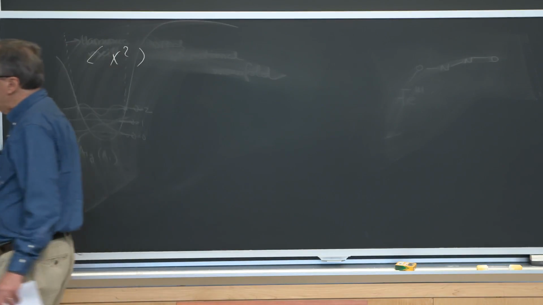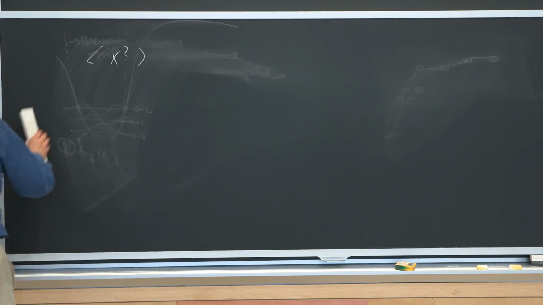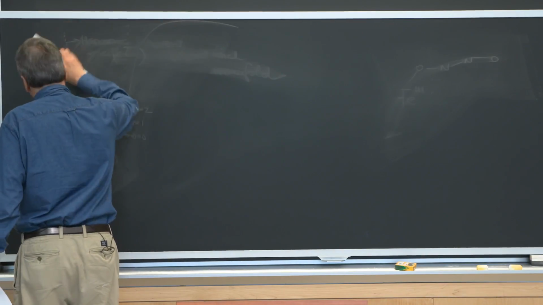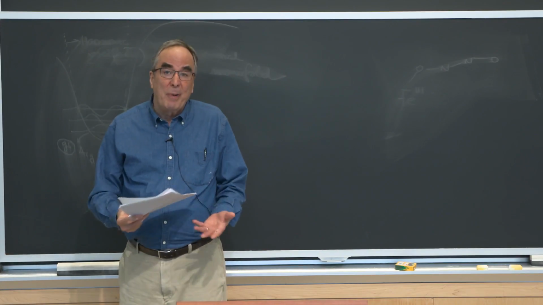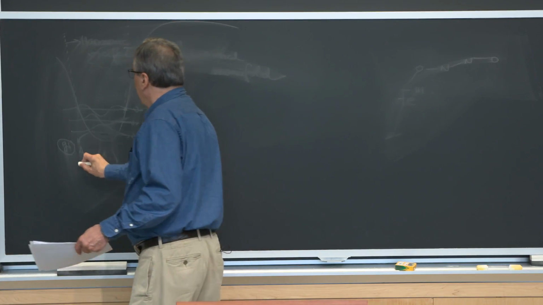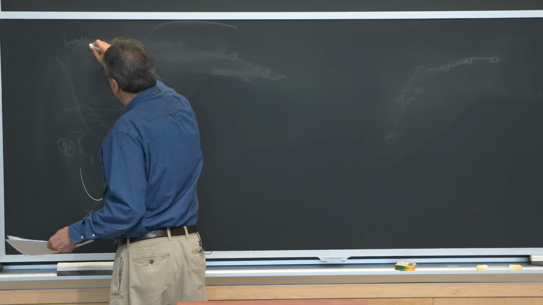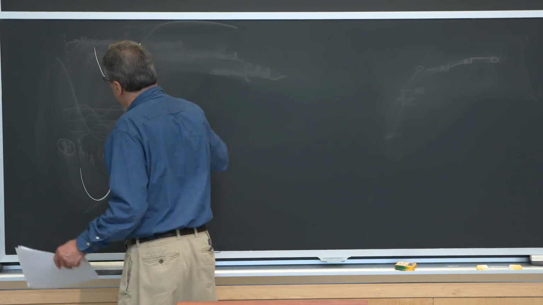Okay. Now, we haven't talked about electronic transitions and potential energy curves, but we will. And I think you know about them. So we have some electronic ground state, and we have some electronically excited state.